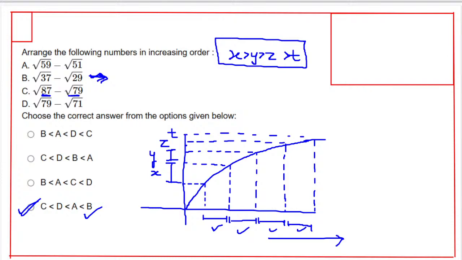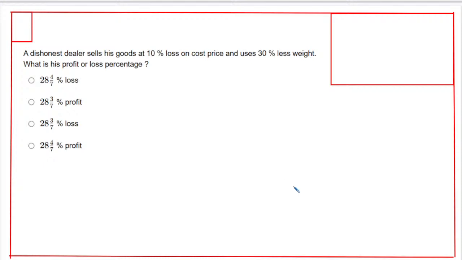Understand this question? Is this one clear? For the same gap, you can say that the difference in mod function, sorry, difference in the square root function will be more if the value of x is less. Try this out.